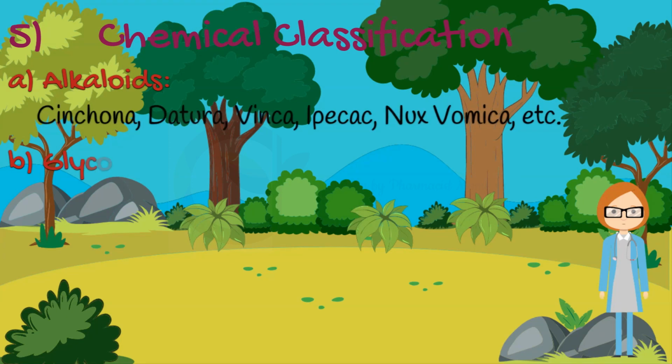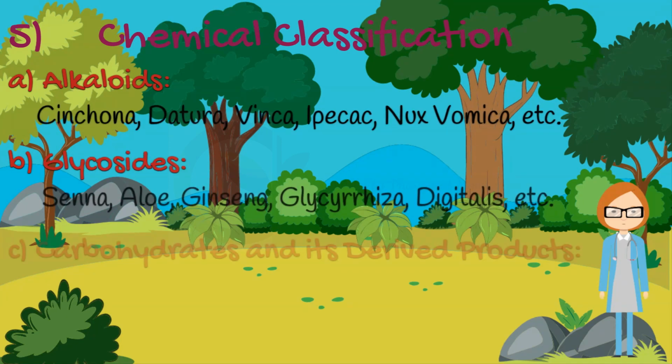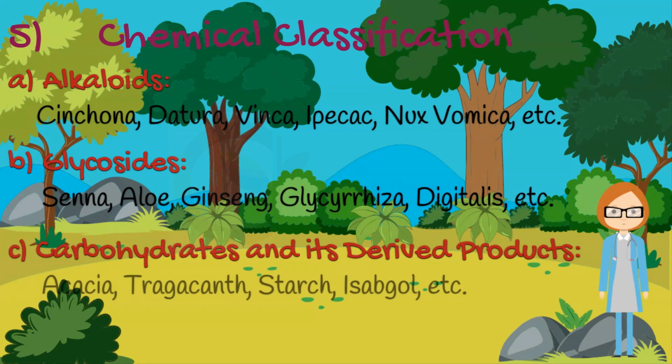Examples include cinchona, datura, vinca, ipecac, nux vomica, etc. Second group is glycosides. For example, senna, aloe, ginseng, glycyrrhiza, digitalis, etc. Third chemical constituent group is carbohydrates and its derived products, such as acacia, tragacanth, starch, isabgol, etc.